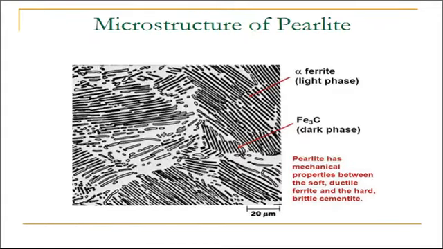Let us see the second transformation. The second transformation is the transformation of austenite to bainite. So please see the figure in the slide. The figure represents the formation of the bainite phase from the austenite. Generally, below the temperature of 500 degrees Celsius, the ferrite nuclei start precipitating at the austenitic grain boundary. The general temperature considered here is 500 degrees Celsius to 550 degrees Celsius.